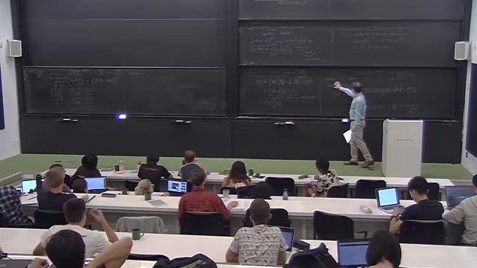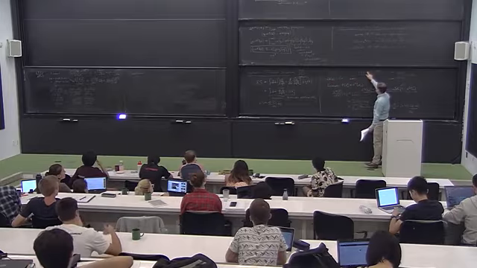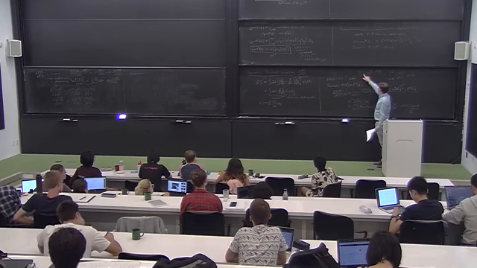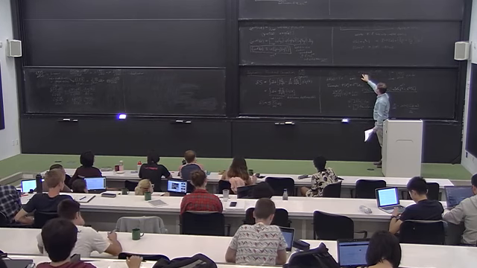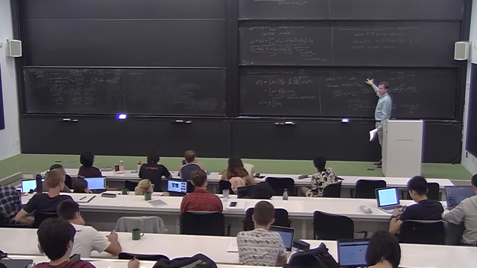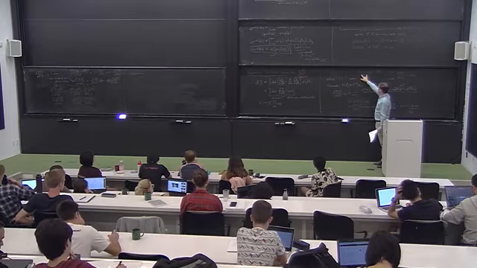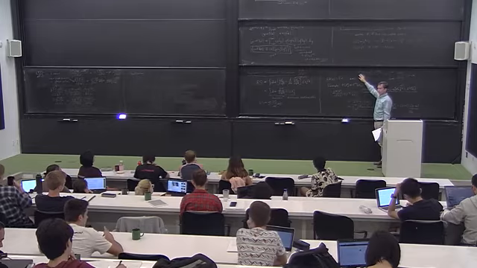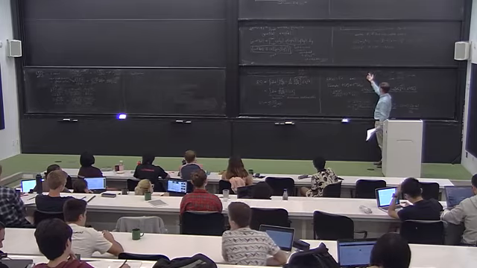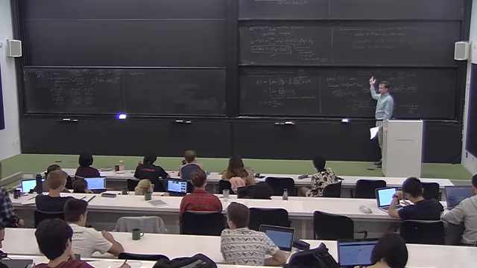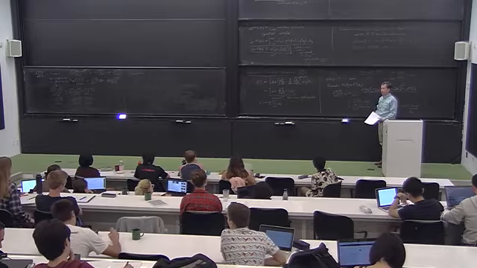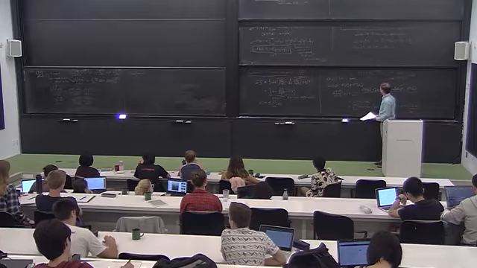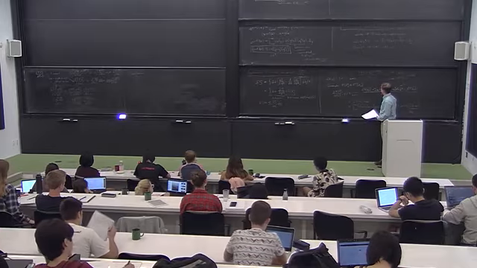So this works as long as this side exists. So we need to be able to make sense of this limit. And for now, we're assuming that these functionals are all real valued. So this limit makes sense if we're just assuming real valued functionals.